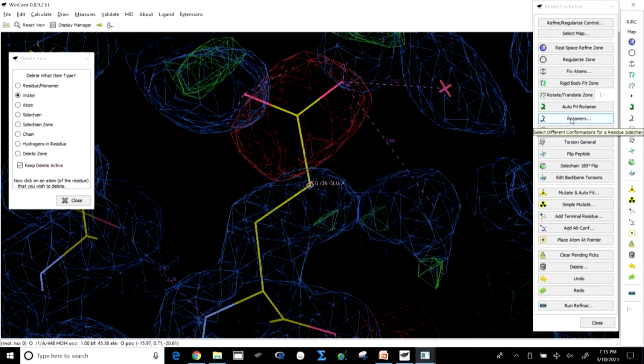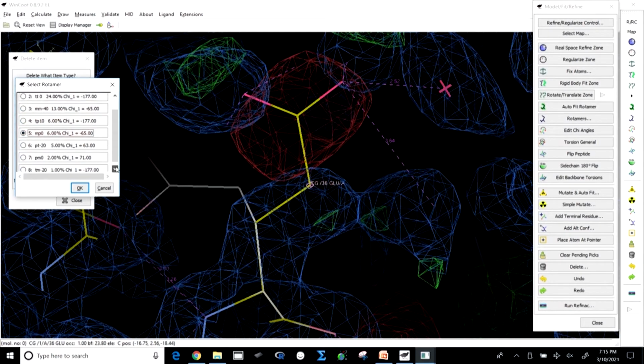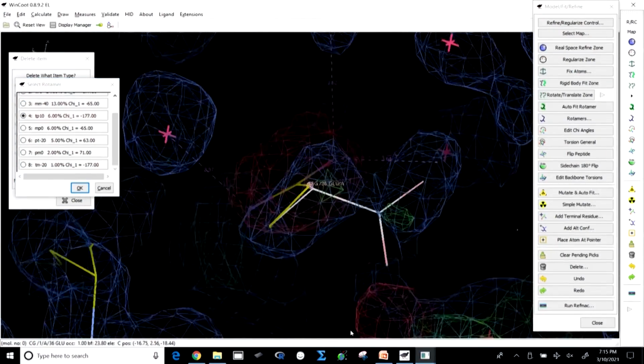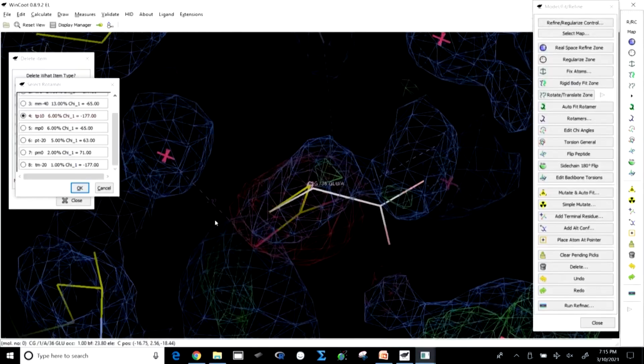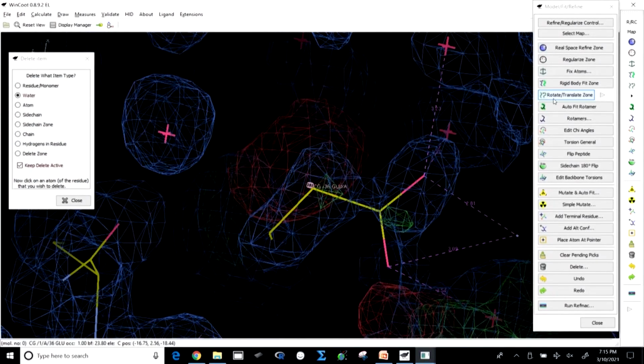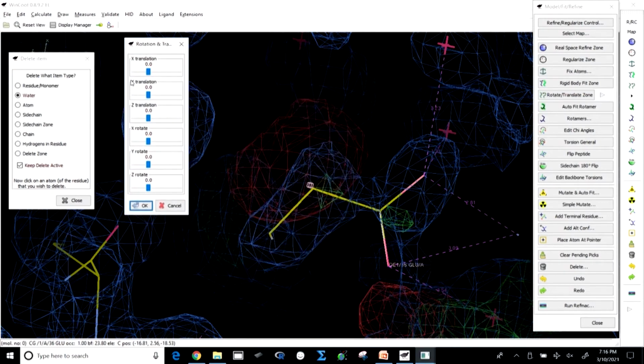Then you go to rotamer, you search for rotamer, you do not get it, but you get the closer one.